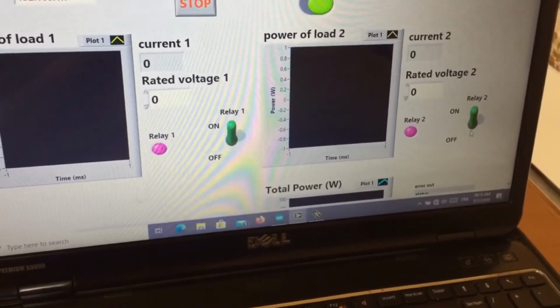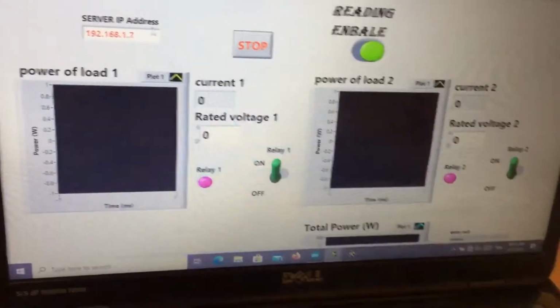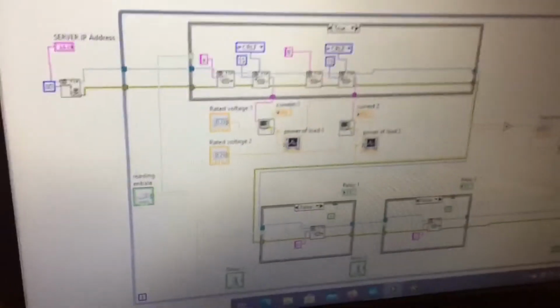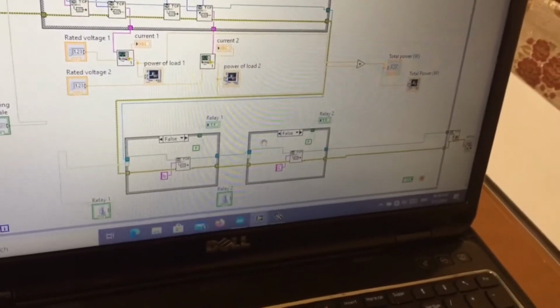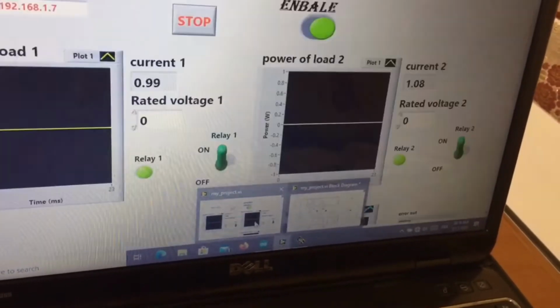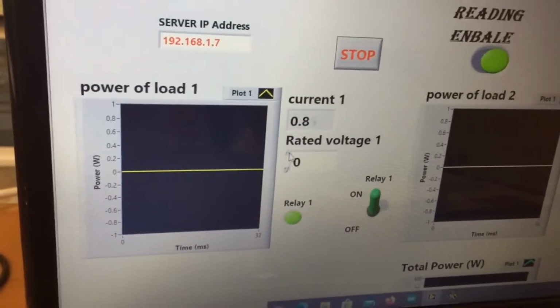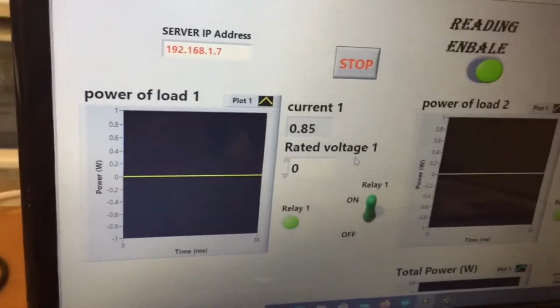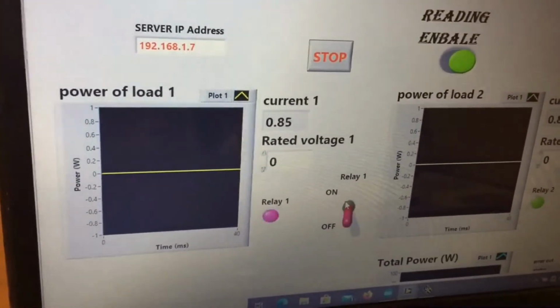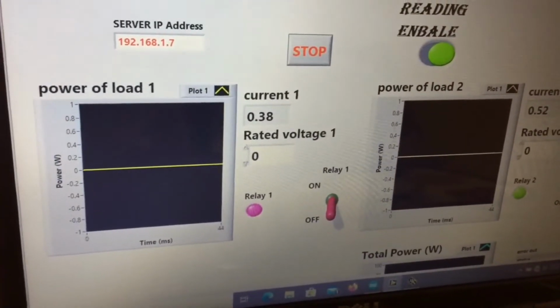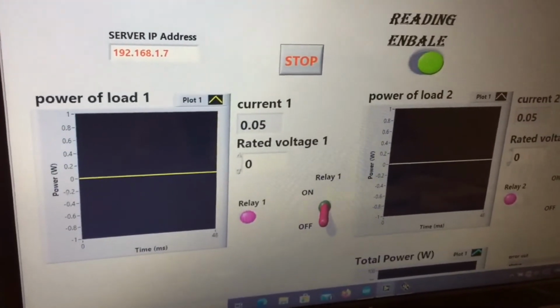We switch it on, and now we will wait. Right now, as you can see, the LabView program is up and running. You can see right here, this is the current, and this is the rated voltage. It is now underrated. You can now turn it off, and also turn this off, like this.